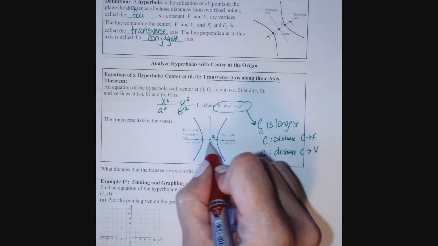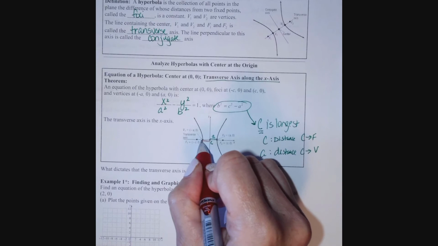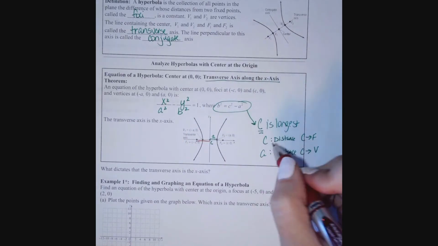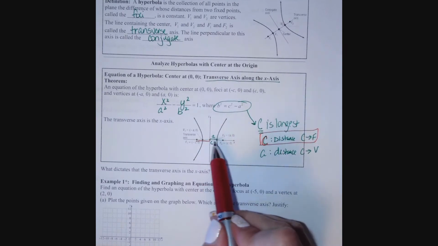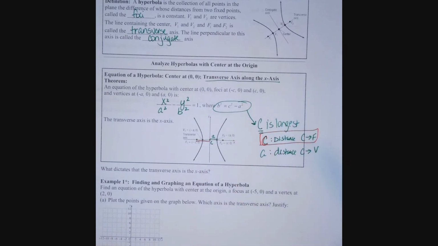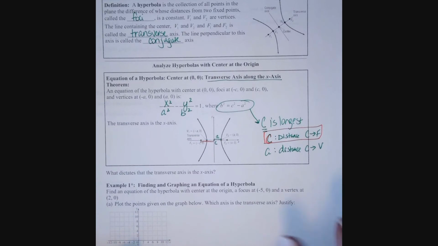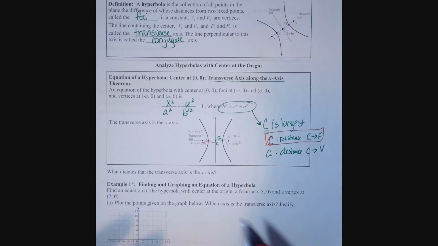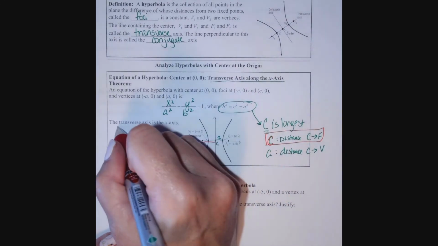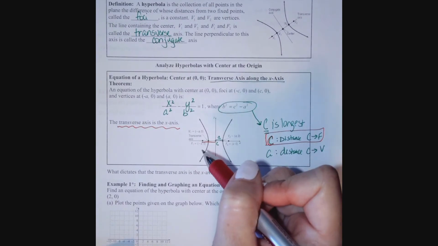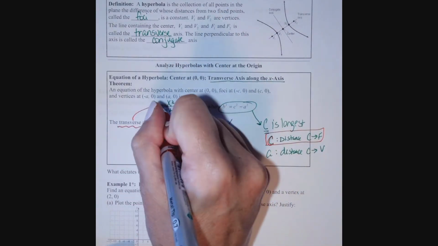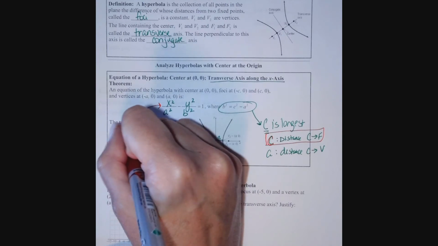C is the distance from the center to the focus. The vertex this time is closer to the center than the focus is, unlike with our ellipse. The transverse axis for this equation is my x-axis, and I know that is the case because it is always the positive squared term.